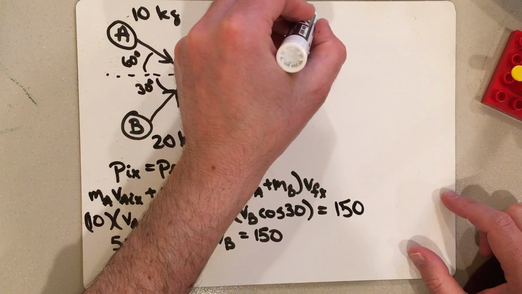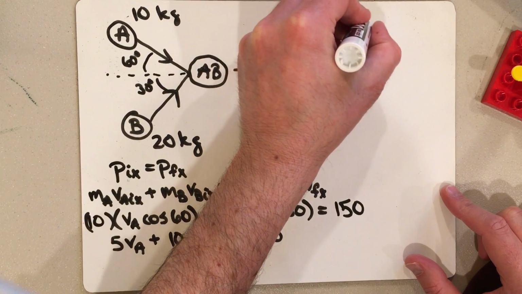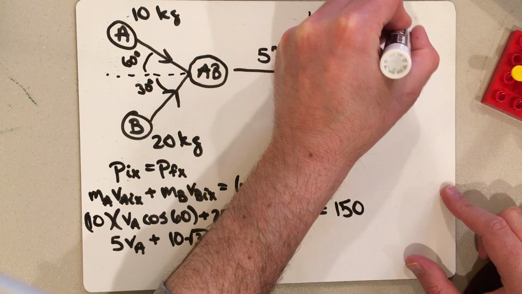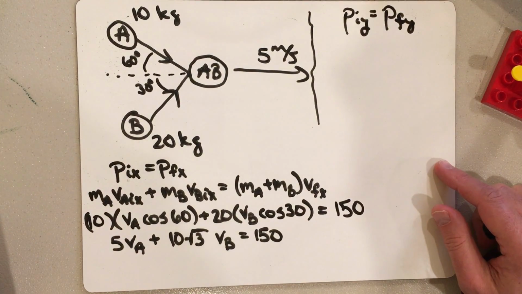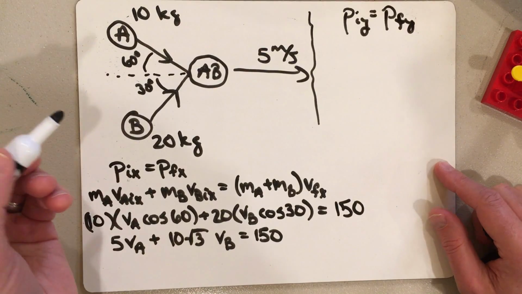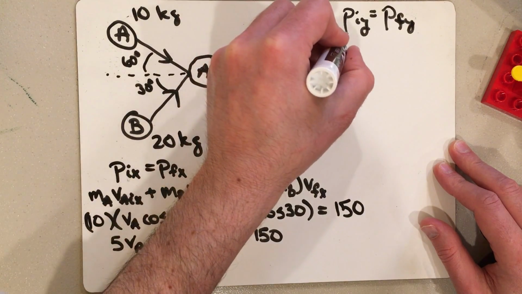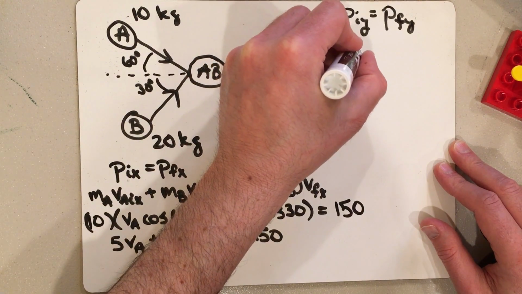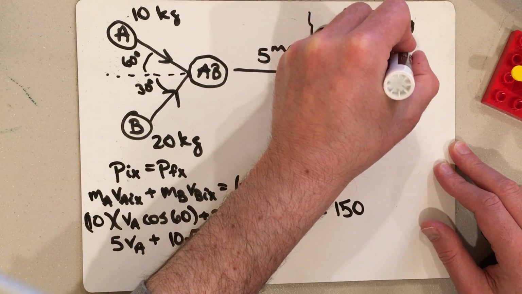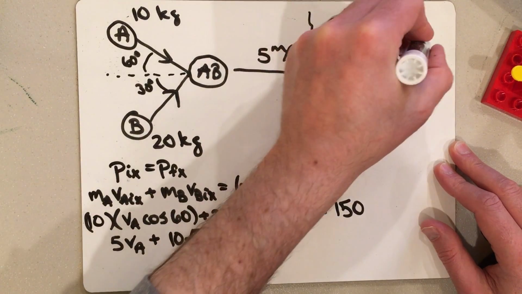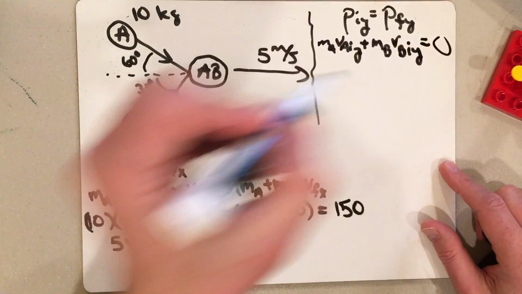So we're going to apply the law of conservation of momentum to the y direction. That means P initial y has to equal P final y. In the beginning, once again we have A and B, so it's the mass of A times VA initial y plus mass of B times VB initial y, and at the end there is no y momentum, so this all has to equal 0.